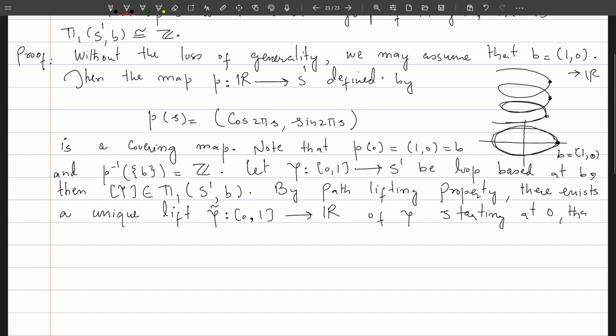That is, if we compose P with gamma tilde, we get the map gamma, and this gamma tilde starts at 0. Here we have the map P from R to S1.